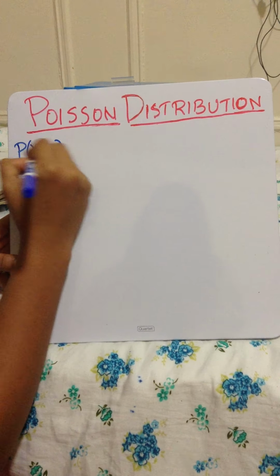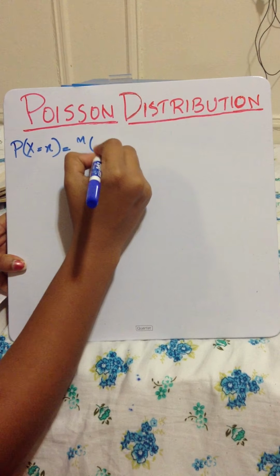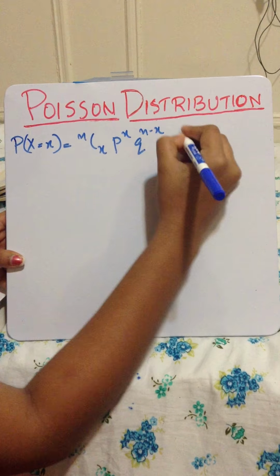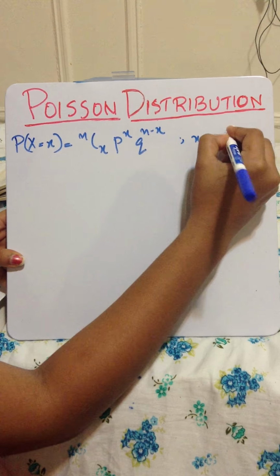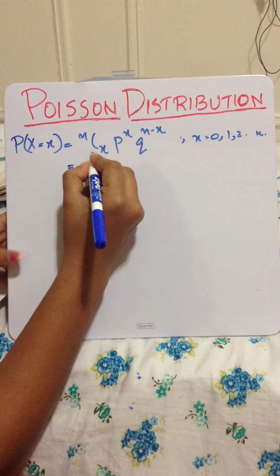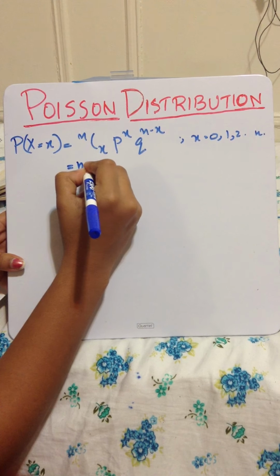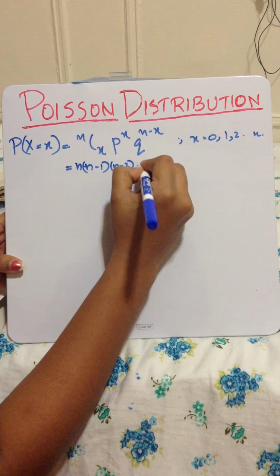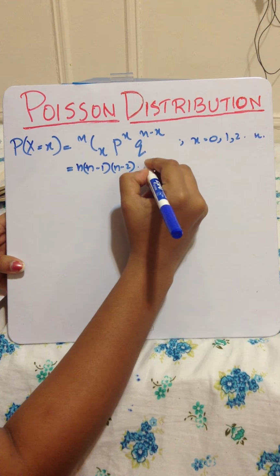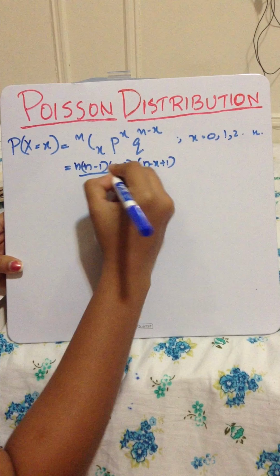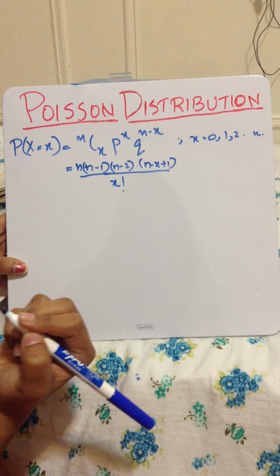See, let's start with a binomial distribution. This is the form for binomial. Now I'm just expanding this nCx factor, that is n into n minus 1 into n minus 2, which will go up to n minus x plus 1, divided by x factorial.